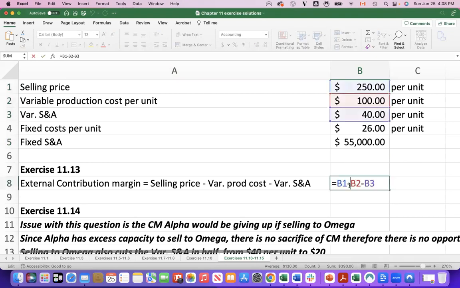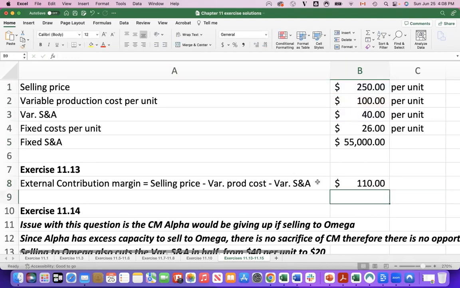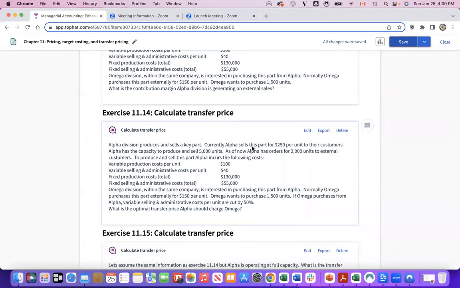If you look at the formula, it's the selling price of $250 minus the variable production cost per unit of 100 minus the variable selling and admin of 40, which gets us an external contribution margin of $110. And again, that's important because Alpha, no matter who they sell to, probably wants to maintain that contribution margin of $110.